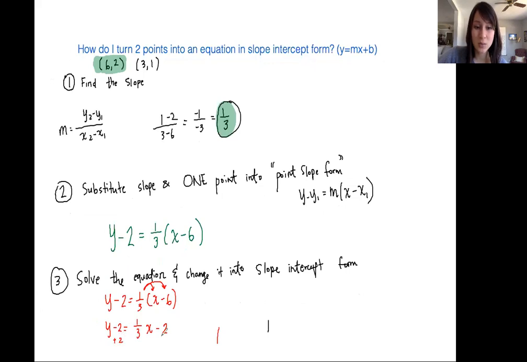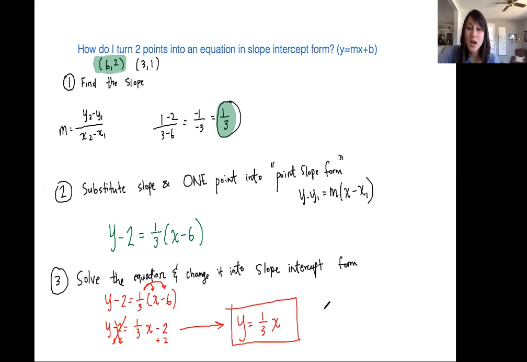I'm going to add 2 to both sides, plus 2, plus 2. The -2 and the +2 cancel out. What I have here is y equals 1/3 x, and -2 plus 2 is 0. So y equals 1/3 x.